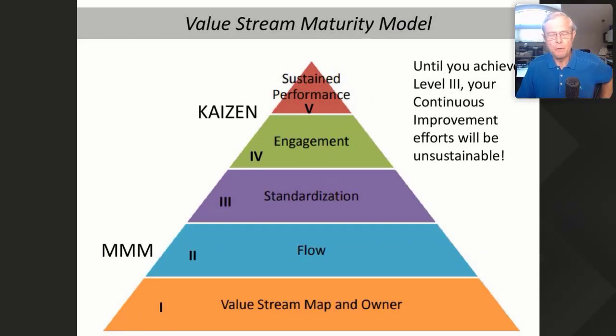One other thing, and then we'll jump right into how we might roll out this strategy, is this idea of value stream maturity. So, the value stream maturity model. You'll notice there are 5 levels, and it starts at the bottom. The least mature of the 5 is the bottom, where you've identified a value stream and you've identified an owner.